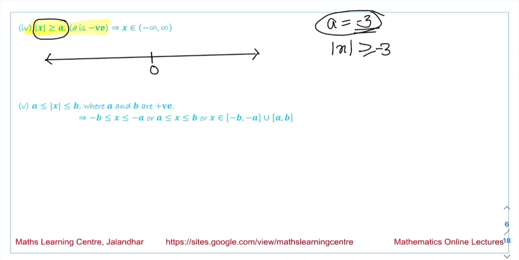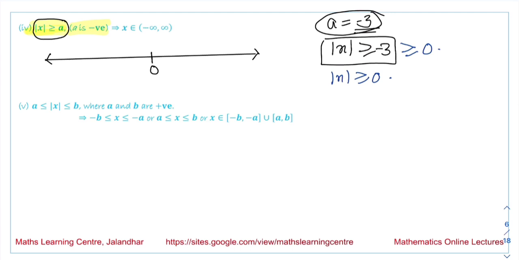It means all those points whose distance is greater than equal to -3. If it is greater than equal to -3, it is also greater than equal to 0, and this is also true. So mod of x is greater than equal to 0. We are talking about all those points whose distance from the origin is greater than equal to 0.